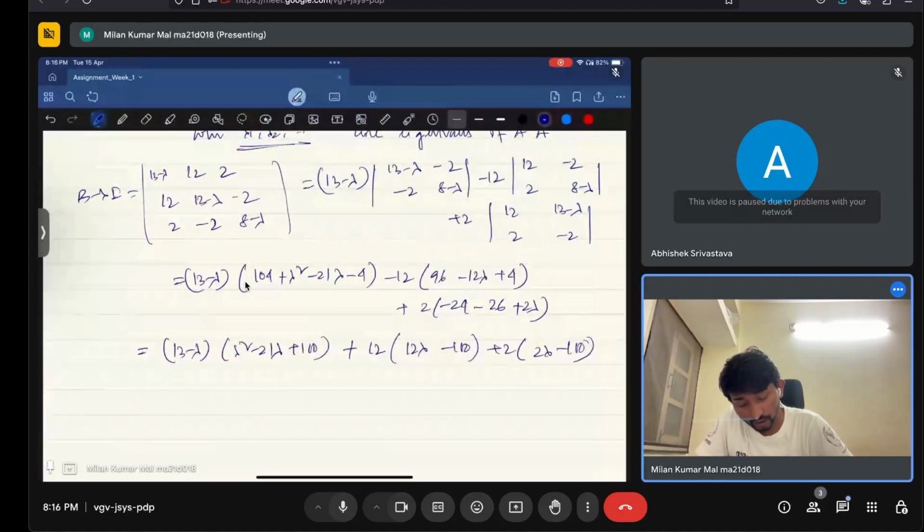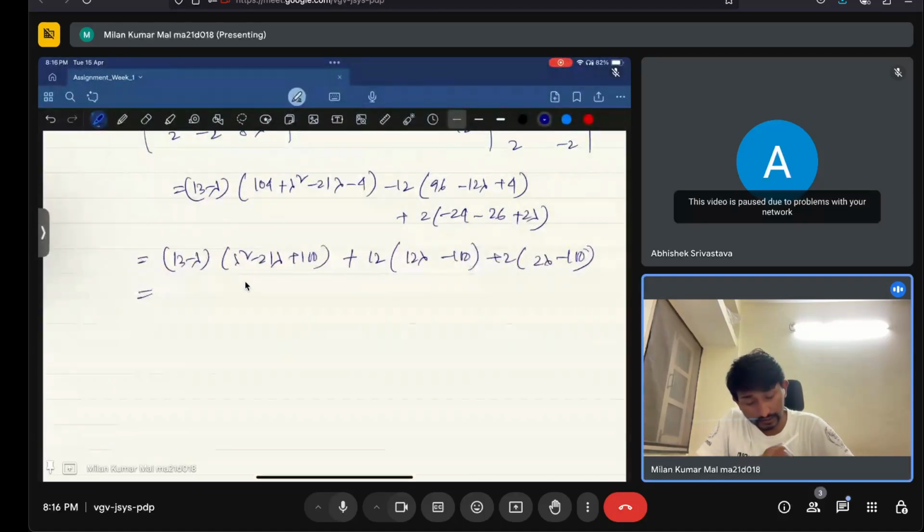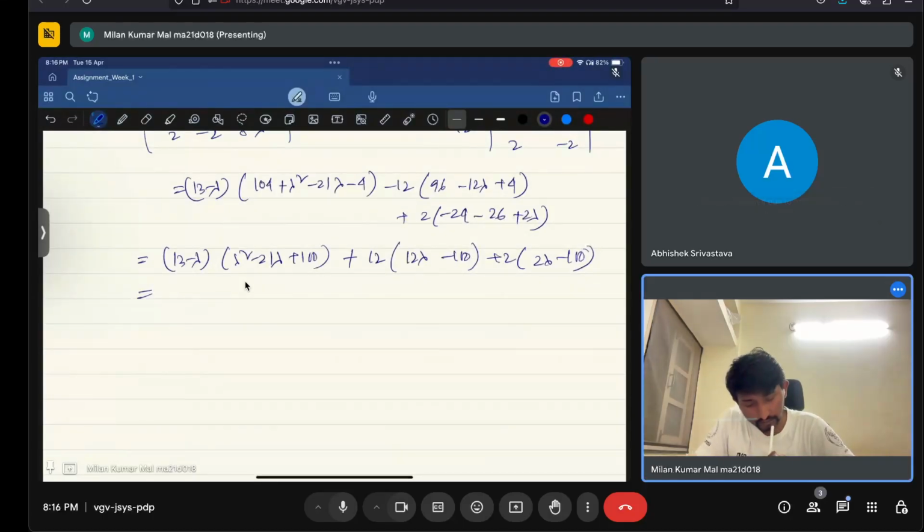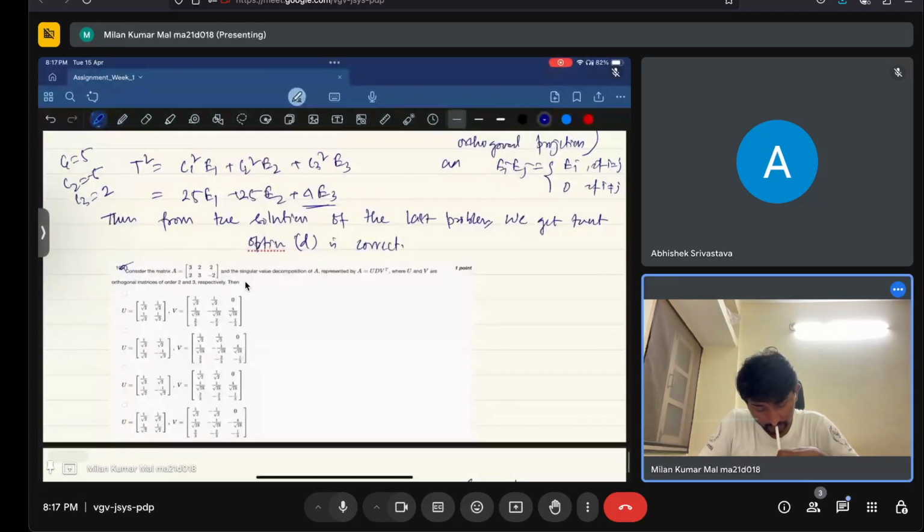Okay, so what I will be getting here is 13 lambda squared minus 273 lambda, minus lambda cubed plus 21 lambda squared. I think it's better to check whether I'm doing anything wrong.